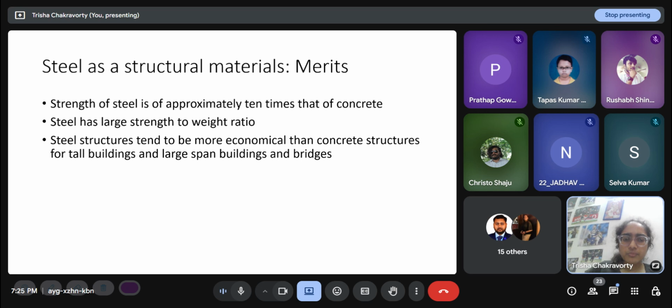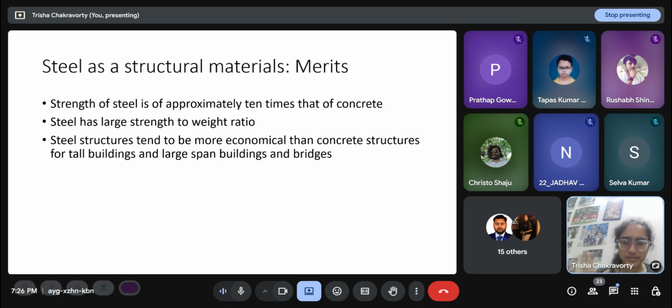Steel structures tend to be more economical than concrete structures for tall buildings and large span buildings and bridges. For holding up a very tall building, suppose a 25-story building, we need huge columns, extremely large dimension columns, where ordinary columns would not do.